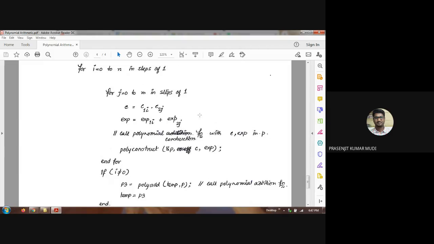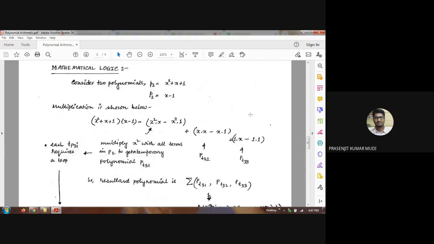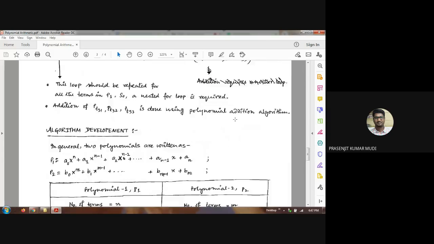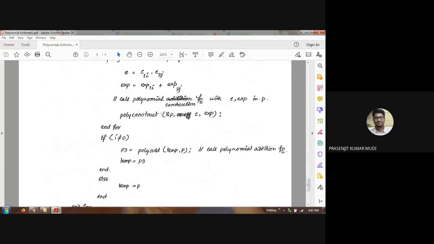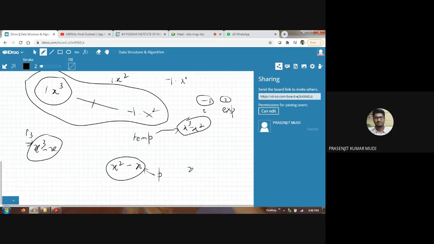So again using the inner for loop, what will happen? The third temporary polynomial will be constructed, will be computed, that is x minus 1, and that x minus 1 using polyconstruct will be pointed by p. So x minus 1 has been computed just now and is being pointed by p.